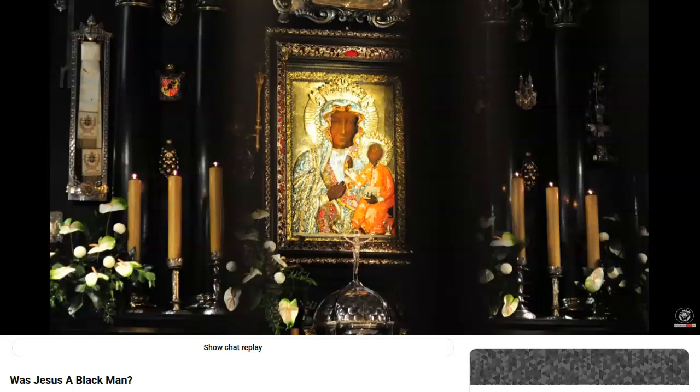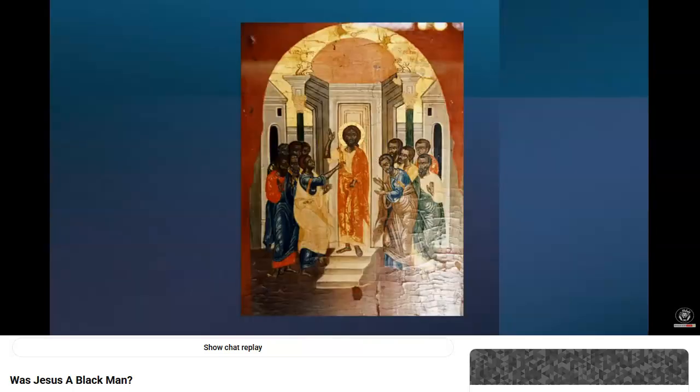Now, the oldest picture of Jesus is found in Syria, in Dura Europos. There are also pictures in, of course, the Vatican. In the Vatican, they have what's called the Black Madonna. You can just Google the Black Madonna, and they still have the Black Madonna today. This is one of those pictures of the Black Madonna.